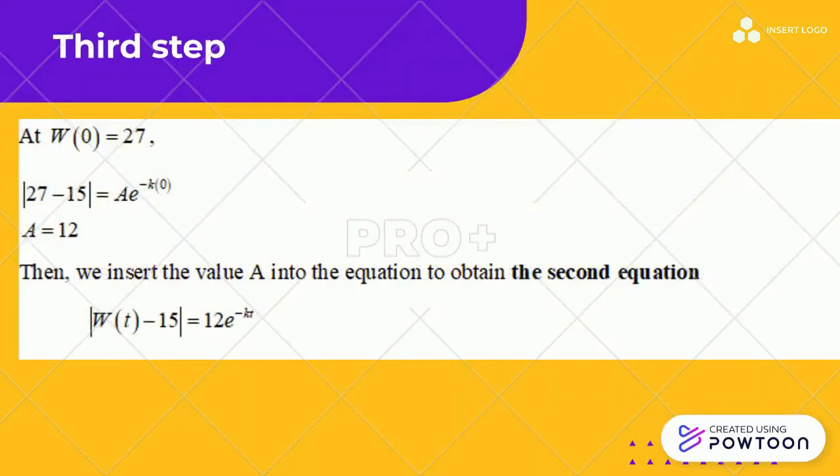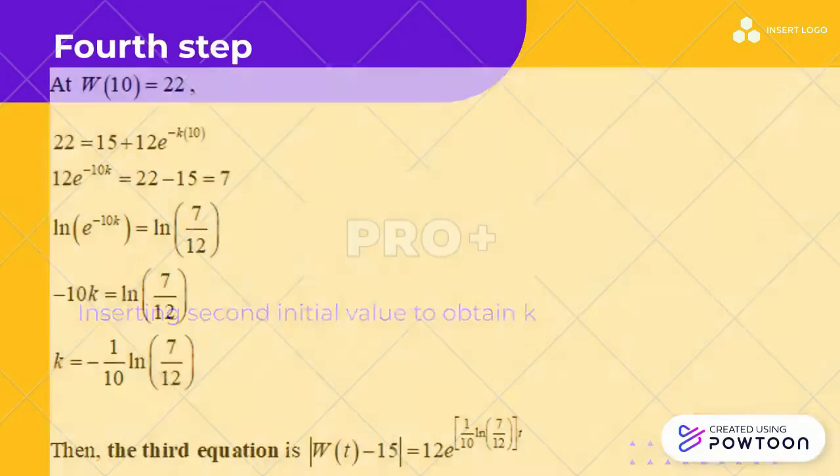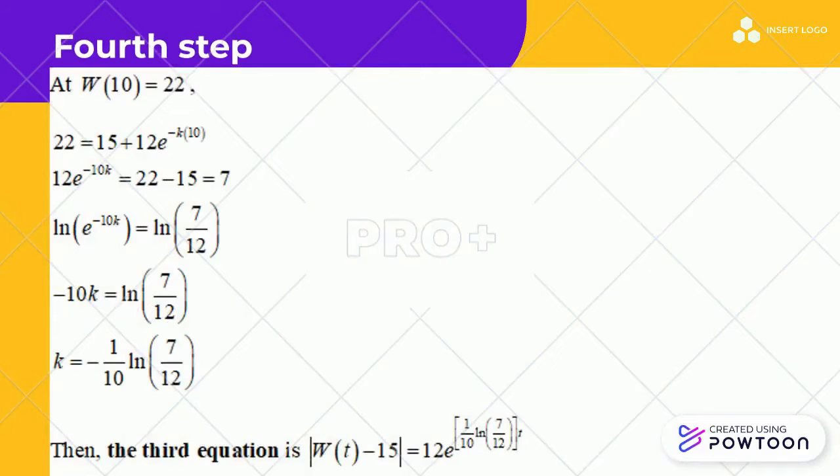Then, from the information obtained earlier, we know that when T is equal to 0, W is equal to 27 as our initial value. Then, let's substitute them into the first equation to obtain the value of A, which is 12. After that, we got the second equation. We are just left with the unknown K. So, we use our second initial value that Miss Taylor provided for us by substituting them into the second equation.